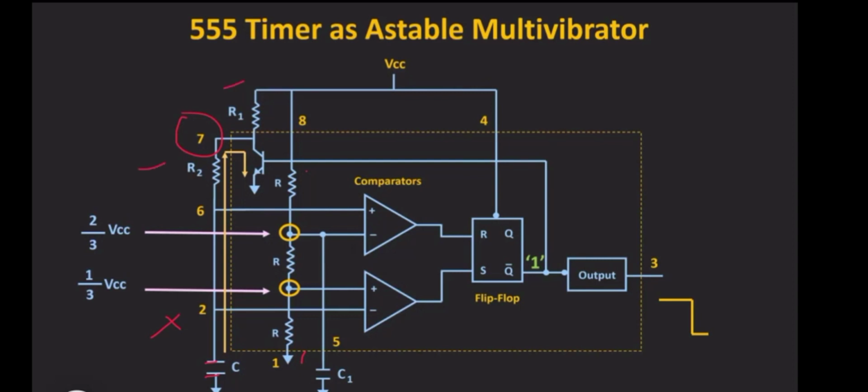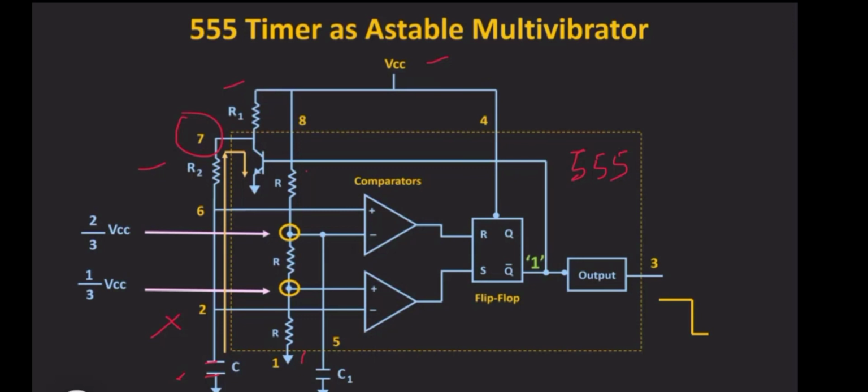So R1, R2 and C are external components connected to the 555 timer IC. It is clear.